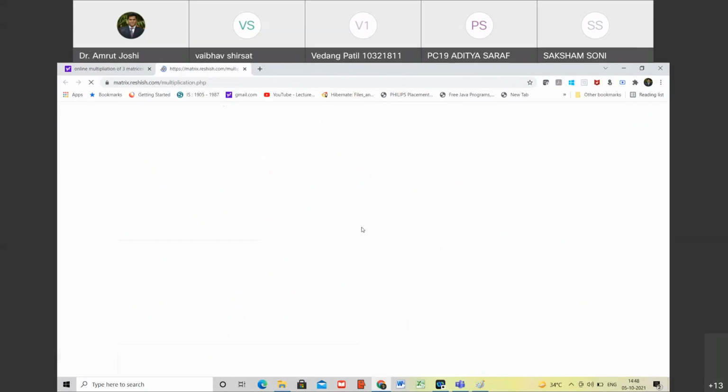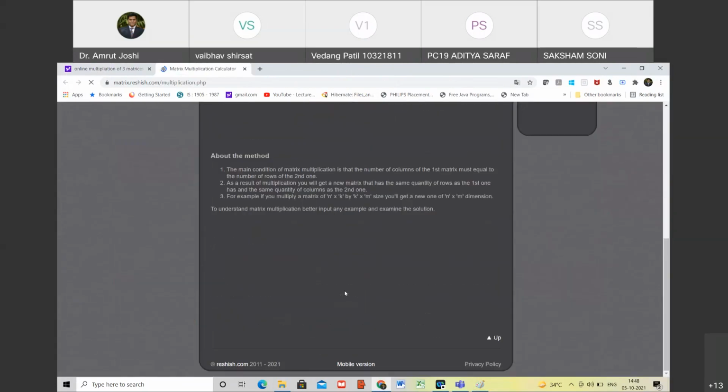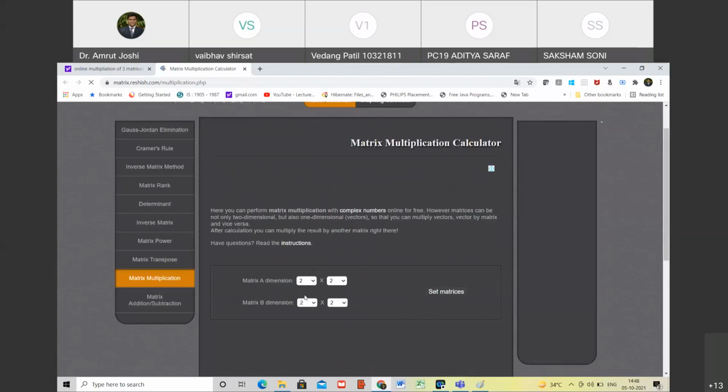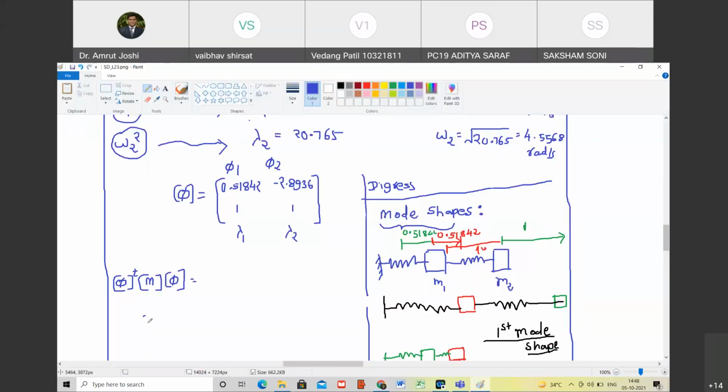Matrix multiplication calculator. No, it only multiplies 2 matrices. It's okay. So therefore, let us first multiply phi transpose by M.